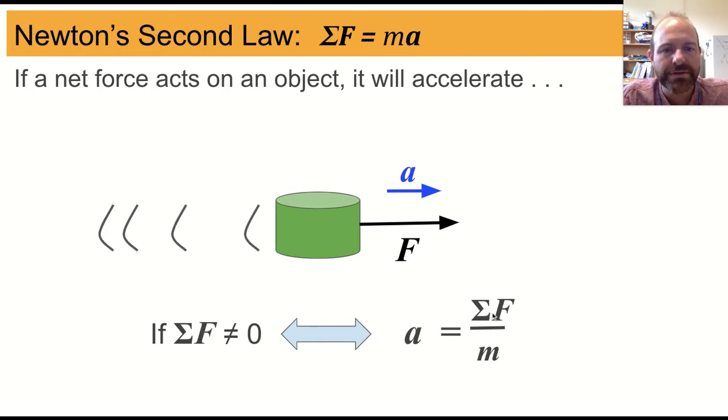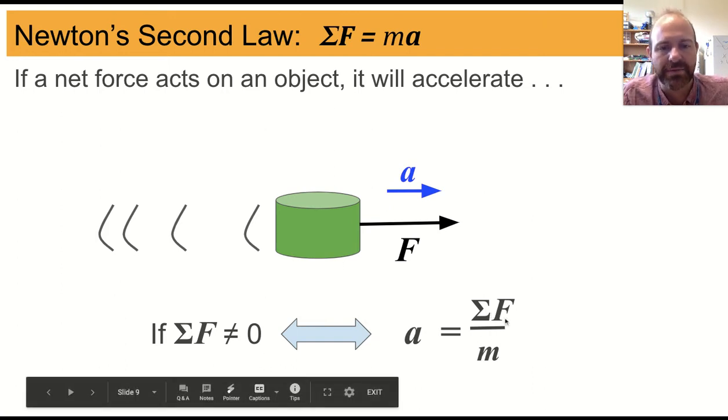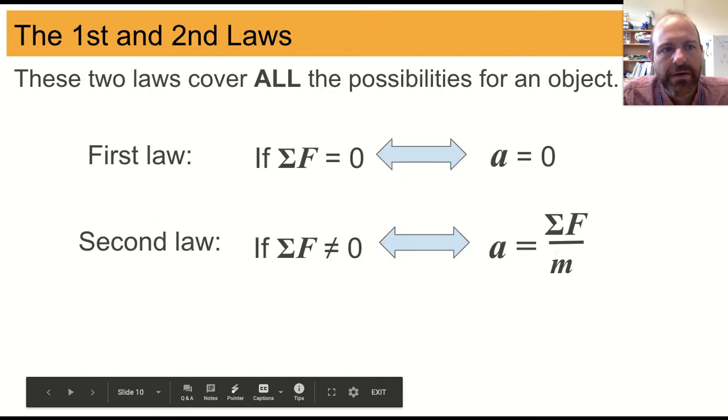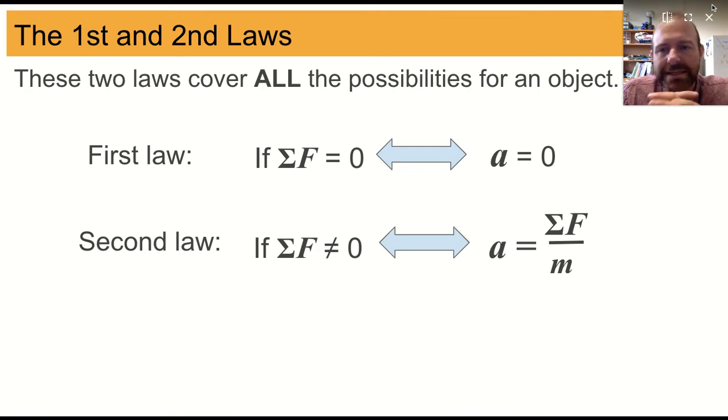So big net forces cause big accelerations, and big masses cause small accelerations. So the first and second laws together cover all the possible motions or causes of motion for an individual object. If the net force is zero, it doesn't accelerate. If the net force is not zero, then it does accelerate or change its motion.